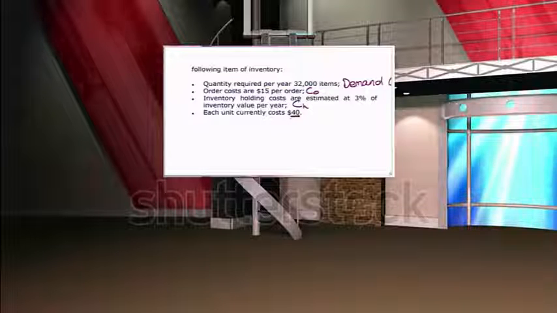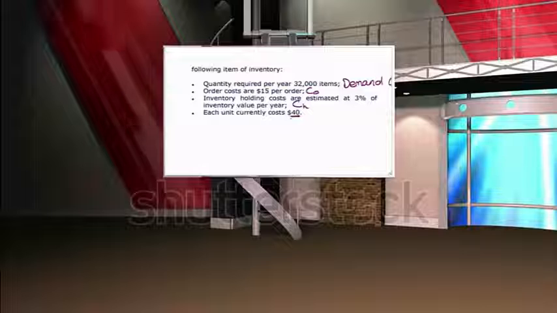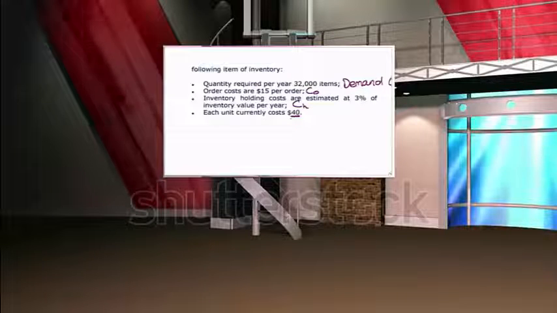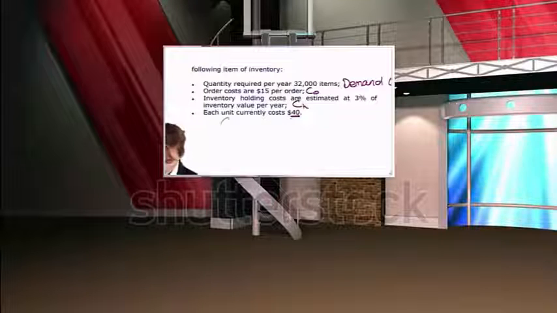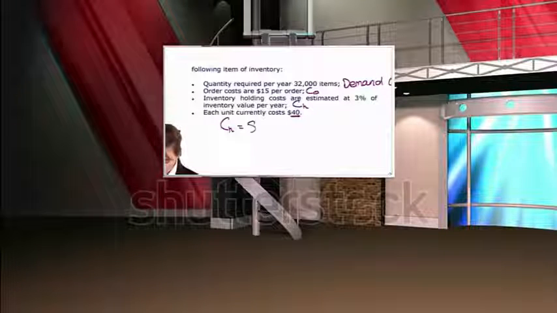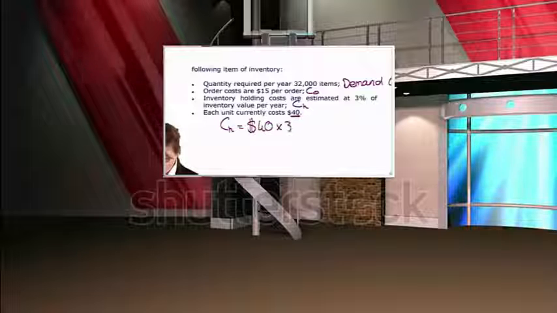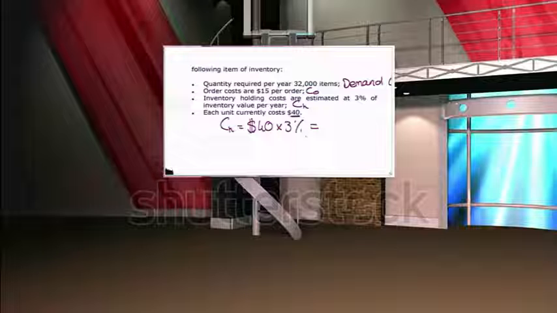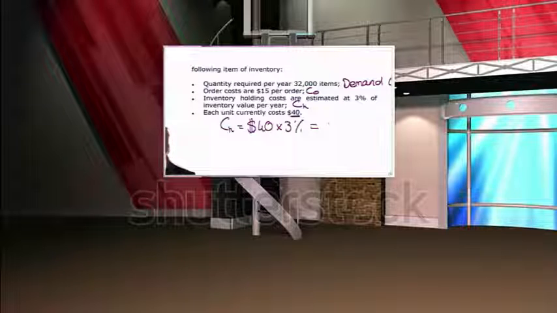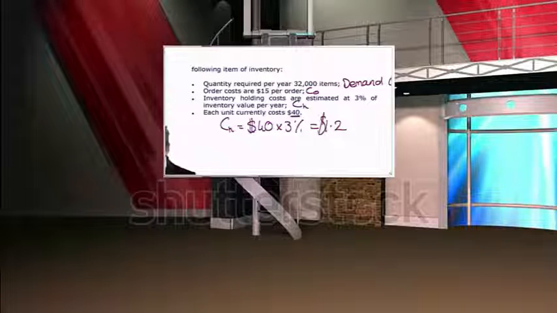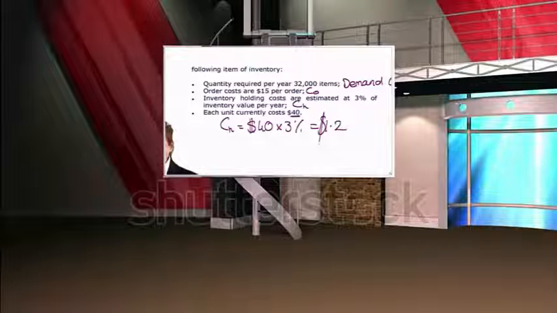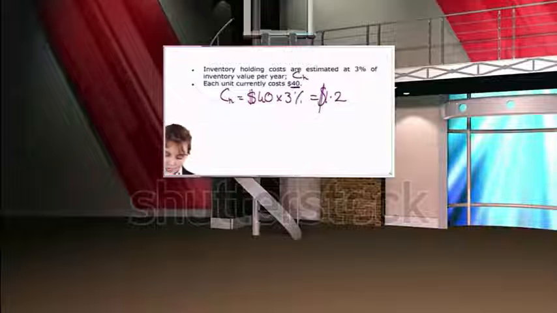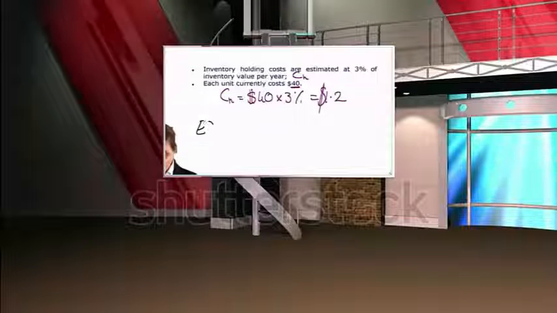What we are being told here effectively is that our annual cost of holding one unit is 3% of this purchase price. So our CH figure is $40 multiplied by 3%, or $1.2. So all we have to do now then is put these figures into our economic order quantity formula.